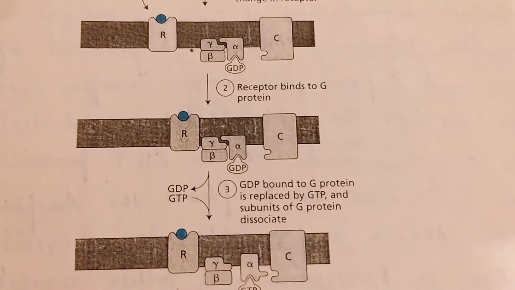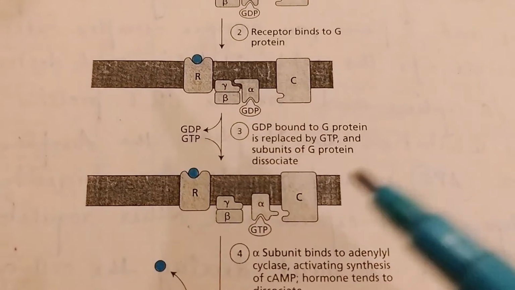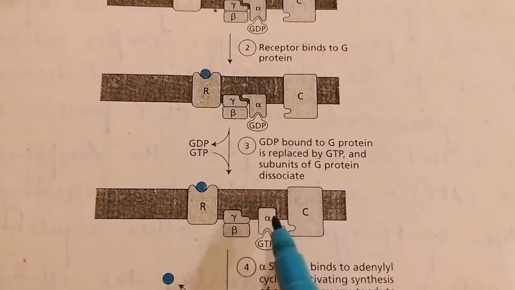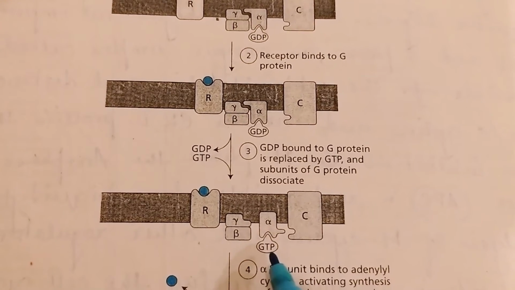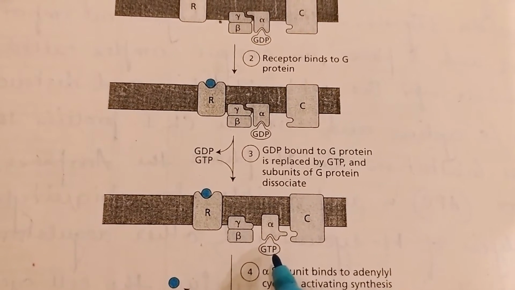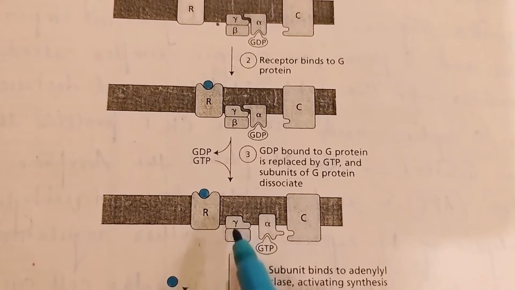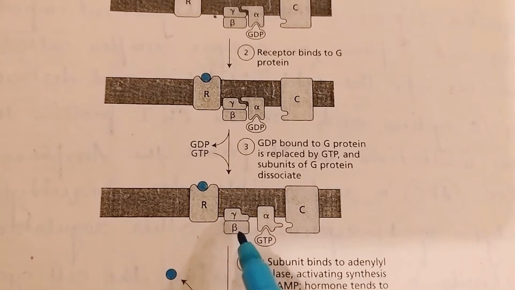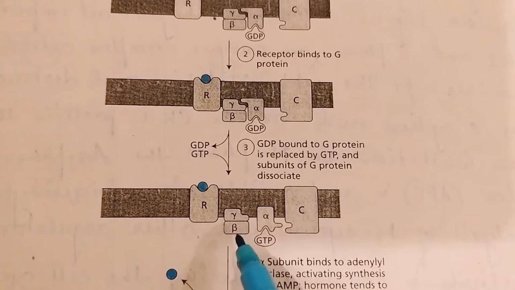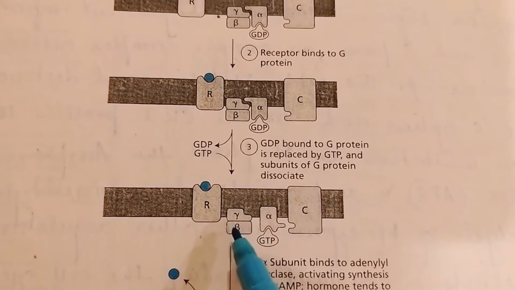Now they dissociate. The alpha subunit remains associated with GTP, and the beta gamma subunits form a dimer. They exist as a free dimer here.